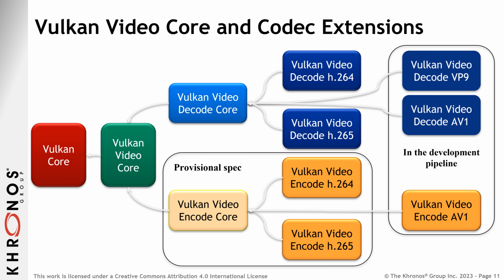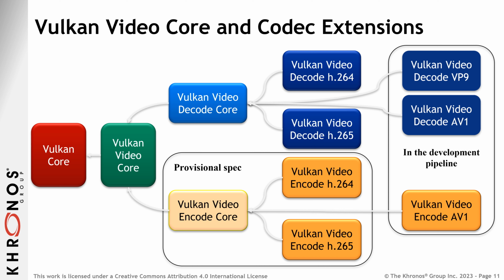At the bottom, you could see the Vulkan video encode extensions. This is the core that adds the video encode commands, plus the corresponding H264 and H265 extensions that the video TSG is working on releasing very soon, as well as, later on, we're also going to release Vulkan video encode for AV1.